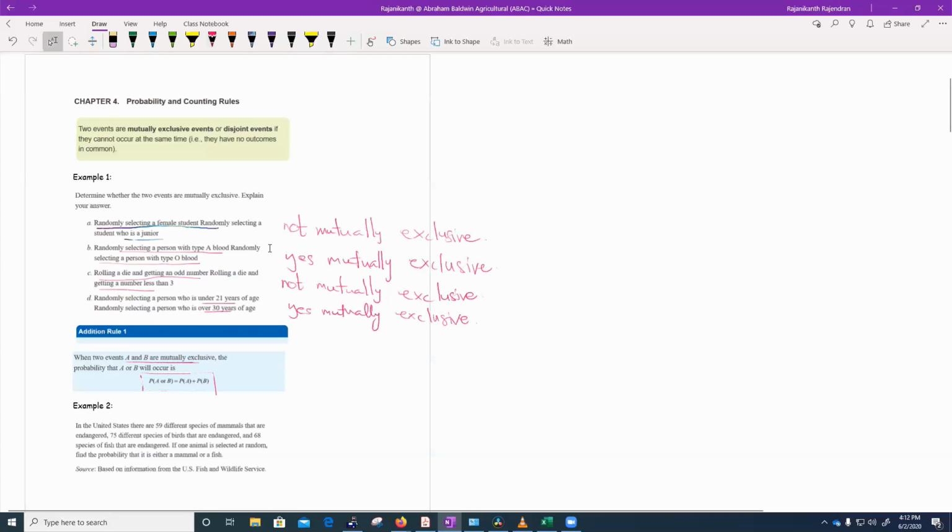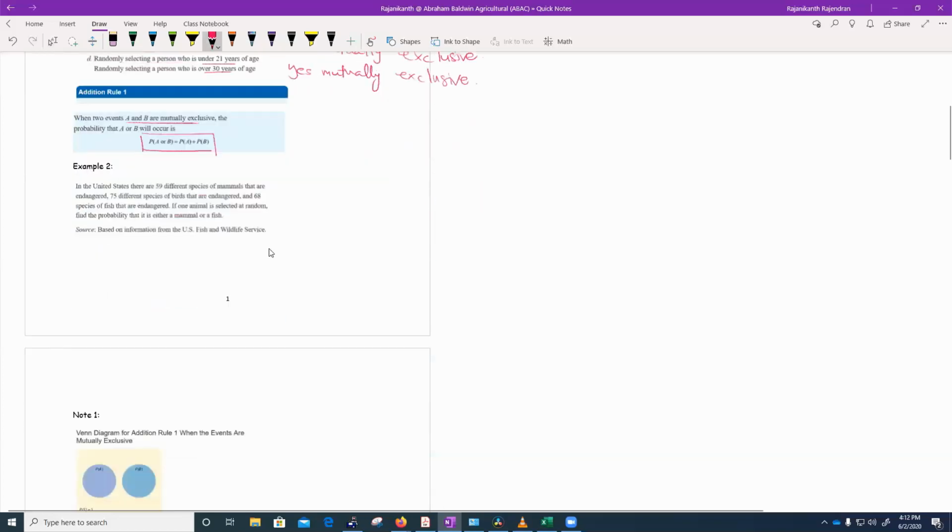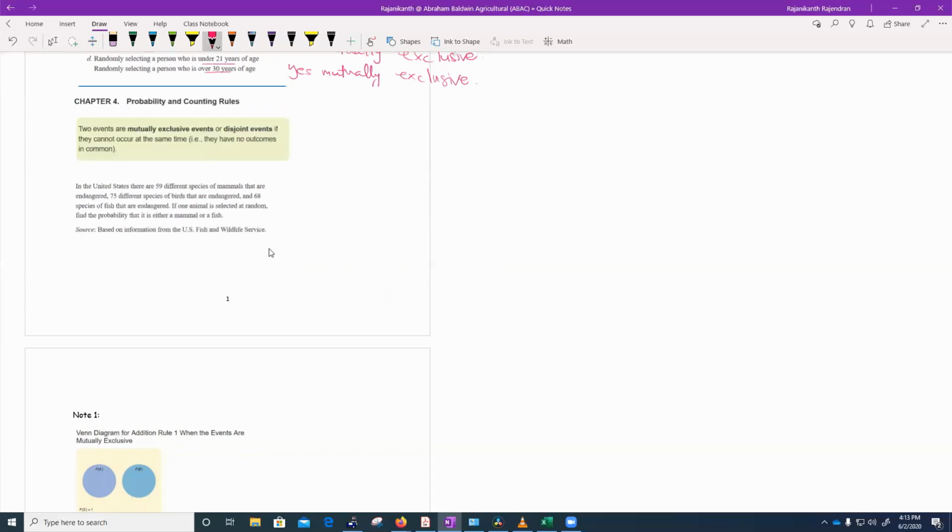Now let's look at this example. In the United States, there are 59 different species of mammals that are endangered, 75 different species of birds that are endangered, and 68 species of fish that are endangered. If one animal is selected at random, so you are going there and choosing just one among all three different types of species, right?